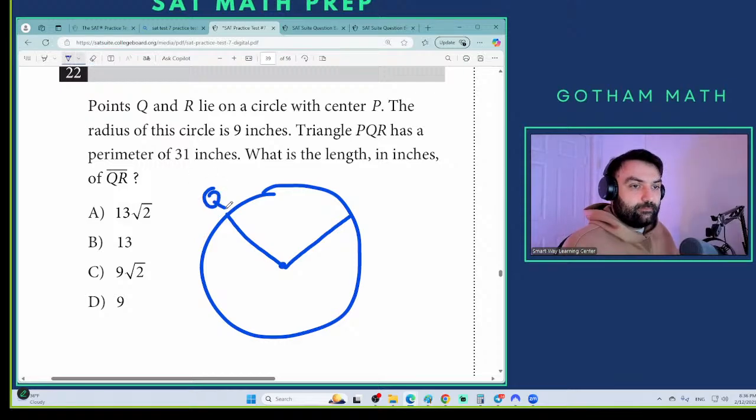Q, R, P, and the triangle looks like this. The radius is 9, so this is 9, which means that this is 9 also, and the perimeter is 31 inches.